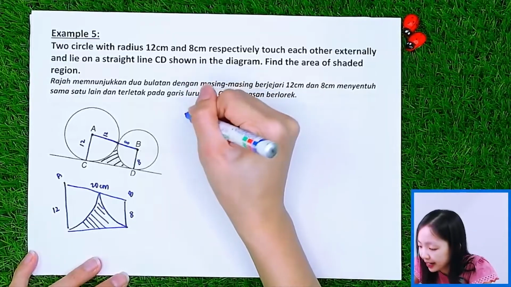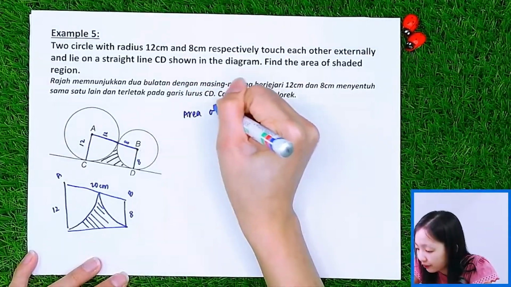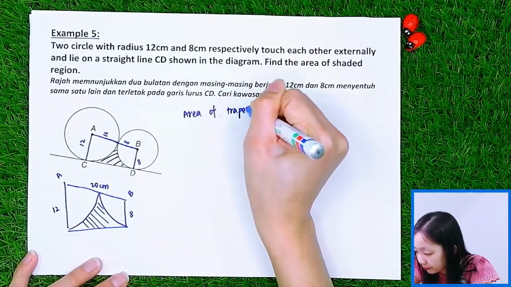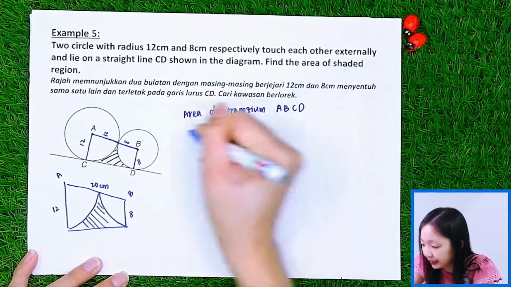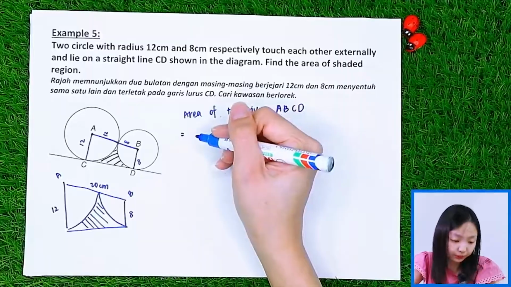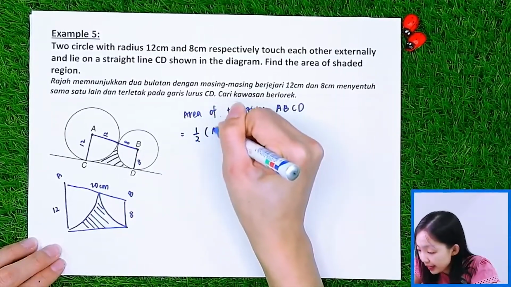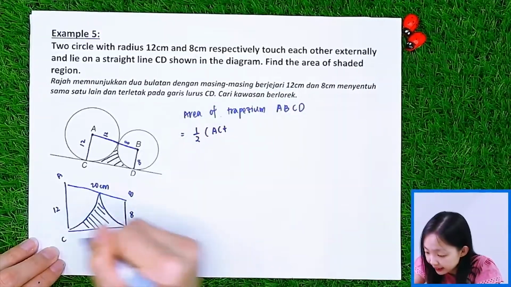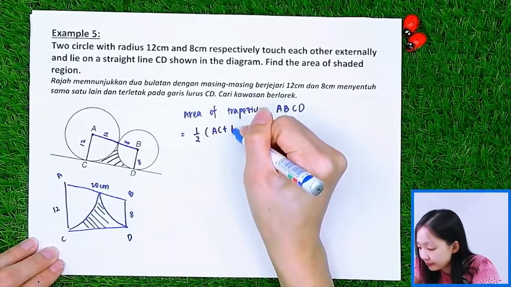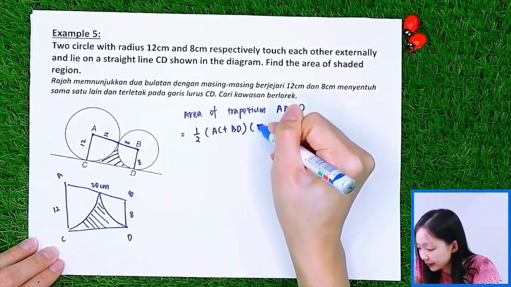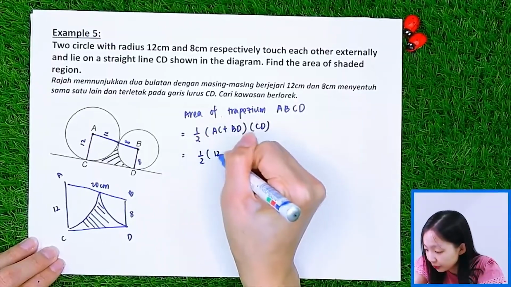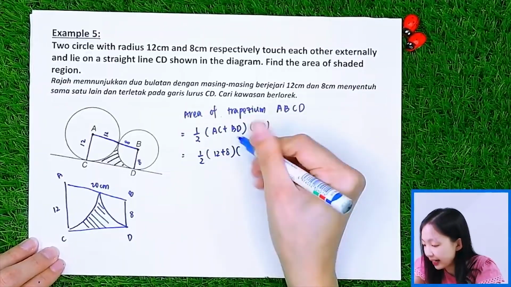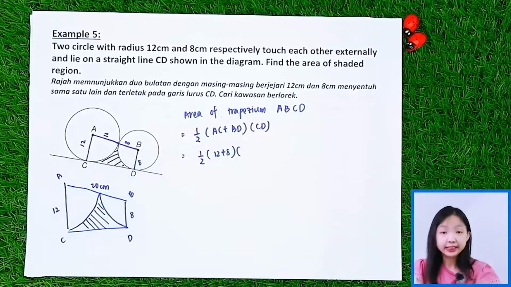The area of trapezium ABCD is equal to 1 over 2 times AC plus BD times CD. So 1 over 2, 12 plus 8 times, then how much is our CD?